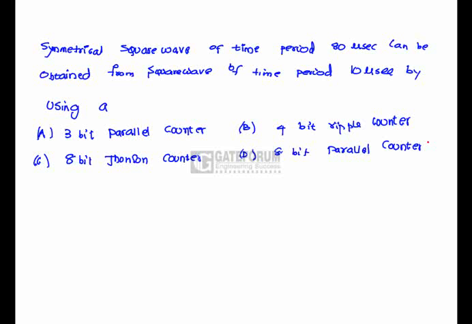Square wave of time period 80 microseconds can be obtained from a square wave of time period 10 microseconds by using. Here we know that in case of a mod n counter, f_out is equal to f_in by n.